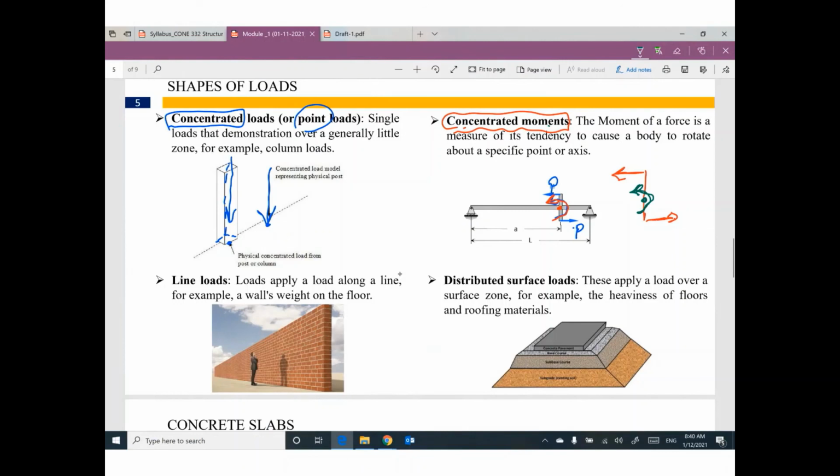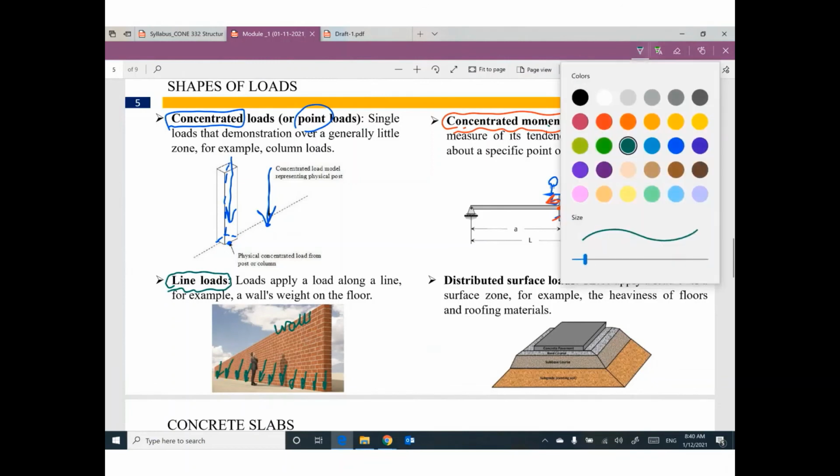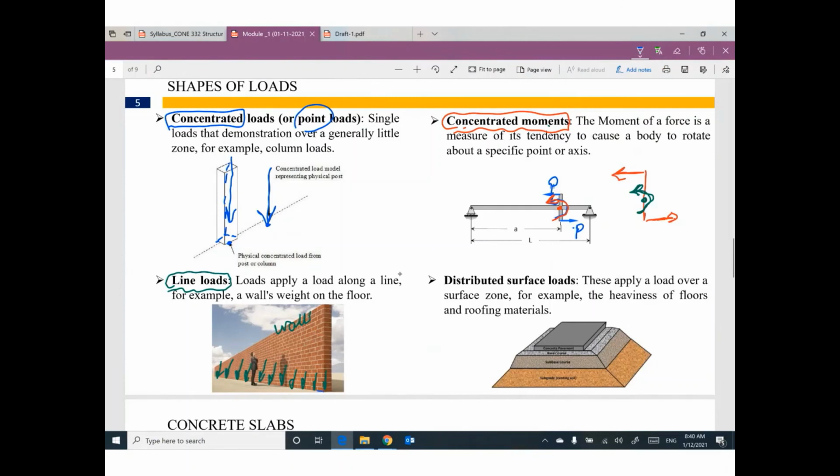Sometimes we have line loads. This wall is applying a load on this line like this. So this load will cause line load, or surface load.